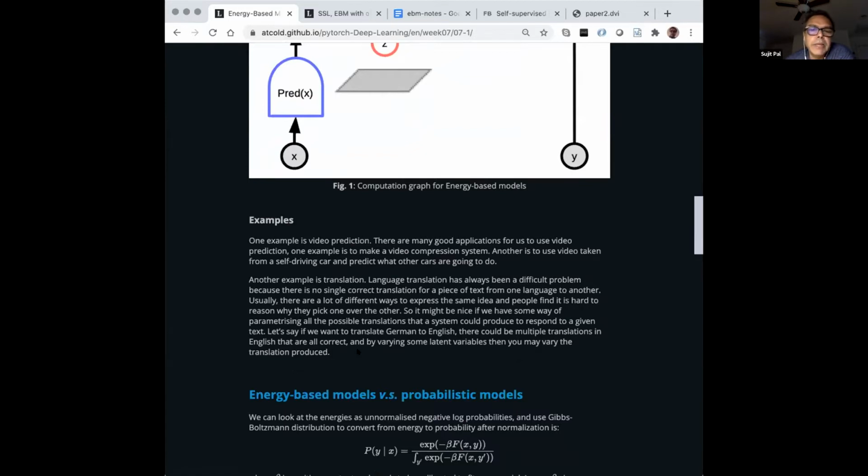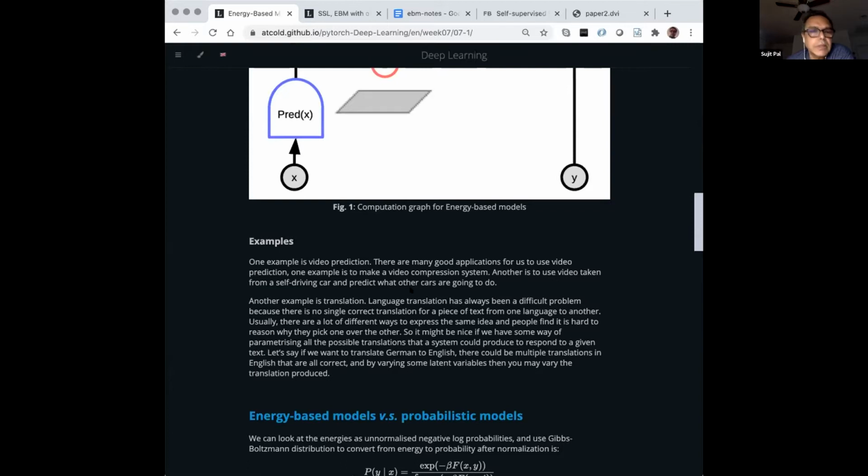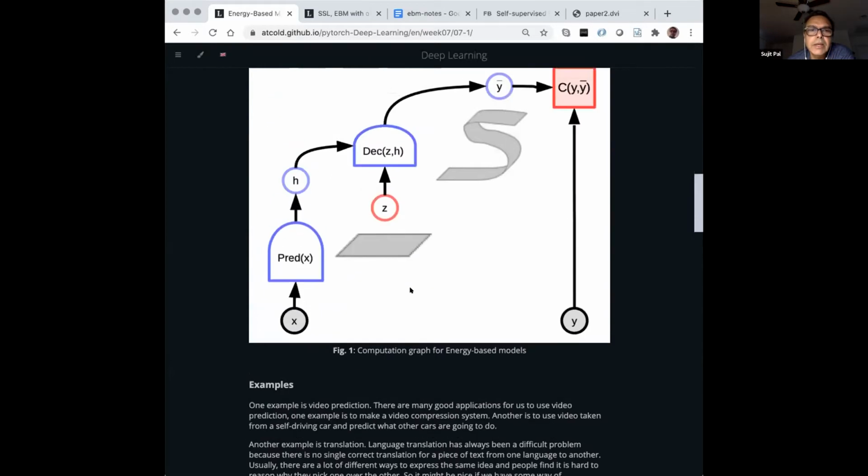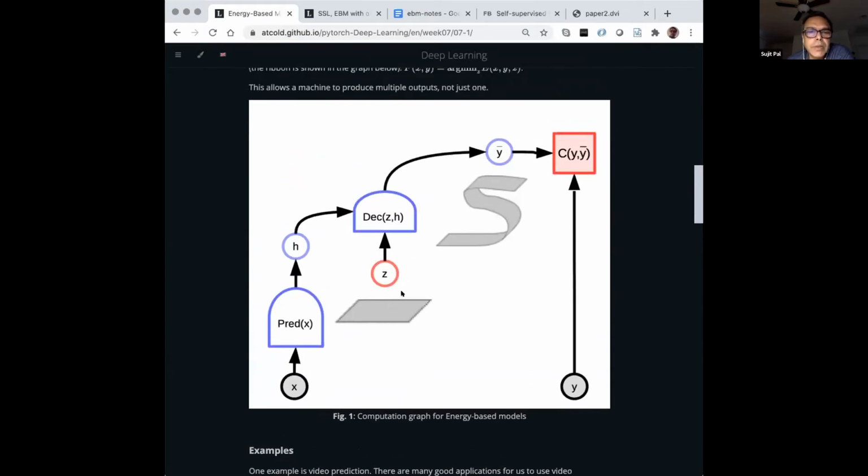And by varying some latent variable, you can vary the translation produced, right? And similarly with video production. He gives a bunch of examples of this. But essentially you introduce a latent variable that you don't know, and the thing is that you don't have to know, right? The system kind of knows by itself if you give it sufficient examples.